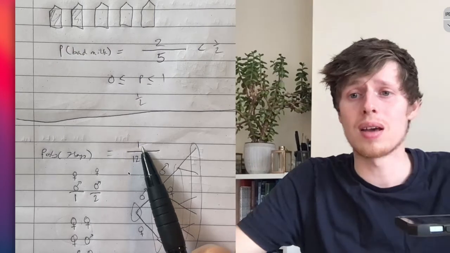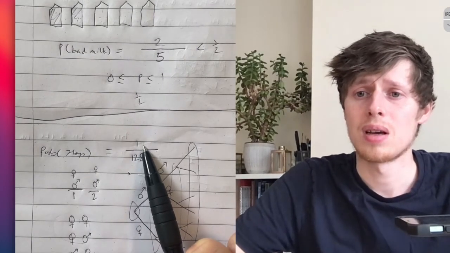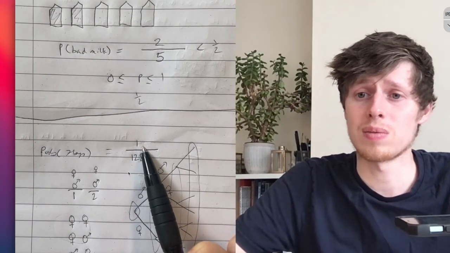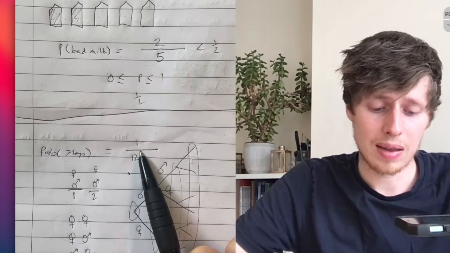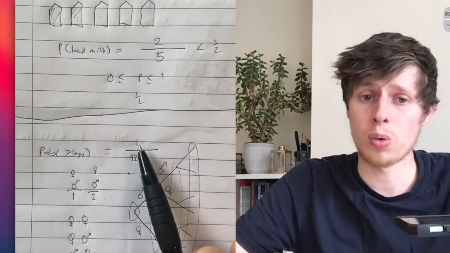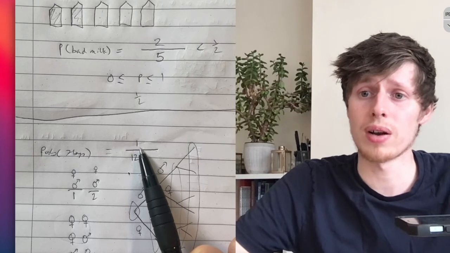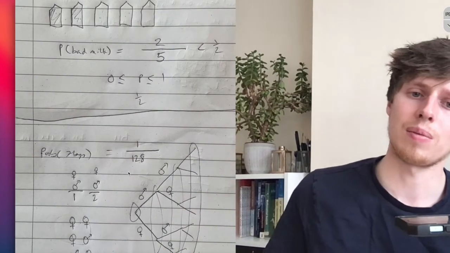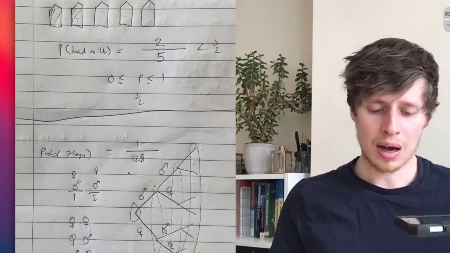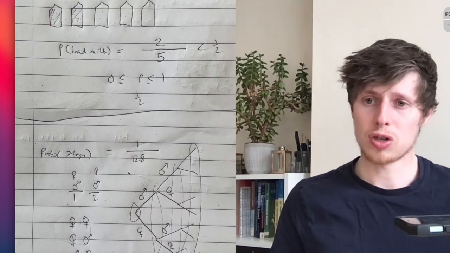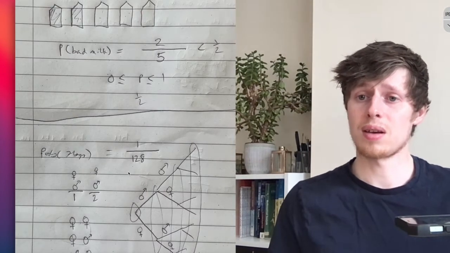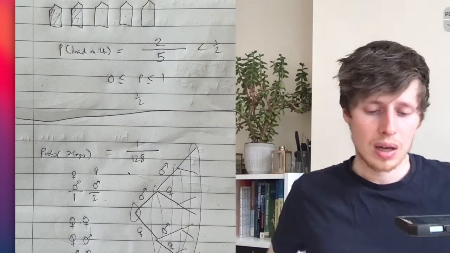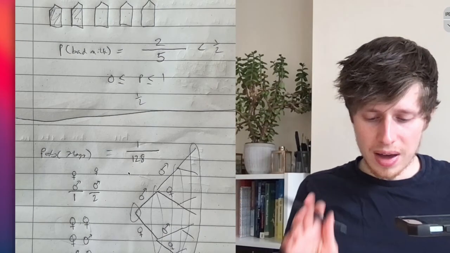That's how rare it is, probabilistically. If you're looking at it completely randomly, that's how likely it is to get 7 boys in a row. So it is a really rare thing, if you look at it from a probability viewpoint. And that's just assuming that there's no other factors affecting whether or not you're going to get a boy or a girl. Okay, so that's that.